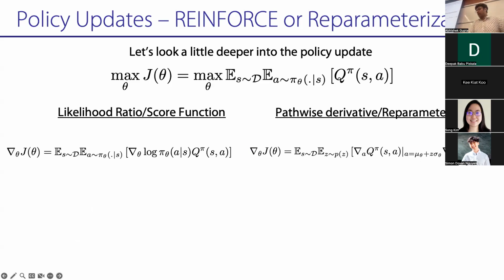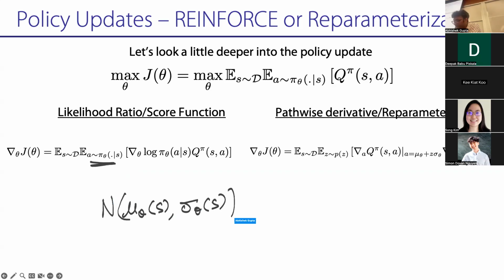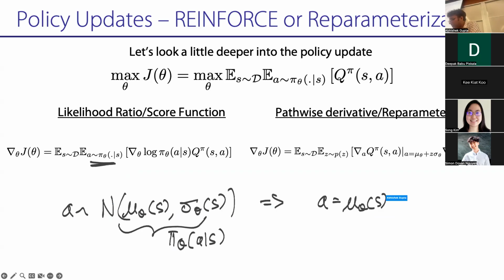Okay, so the idea behind reparameterization is, let's say that pi theta was a Gaussian, with mean mu theta of S and variance sigma theta of S. If I sampled an action from here, you can say that this is equivalent to saying an action is equal to mu theta of S plus sigma theta of S times epsilon, where epsilon is sampled from the unit Gaussian.